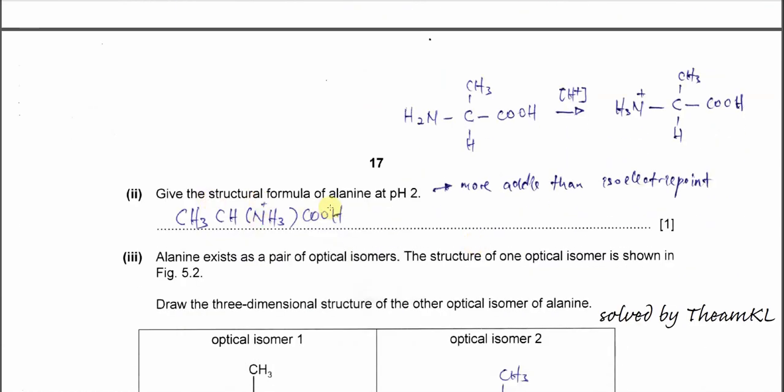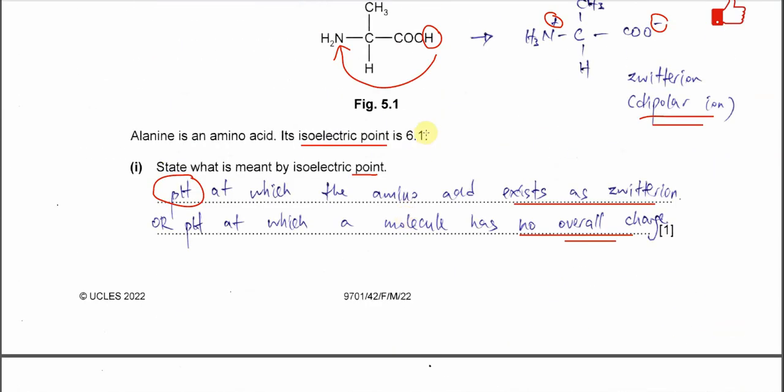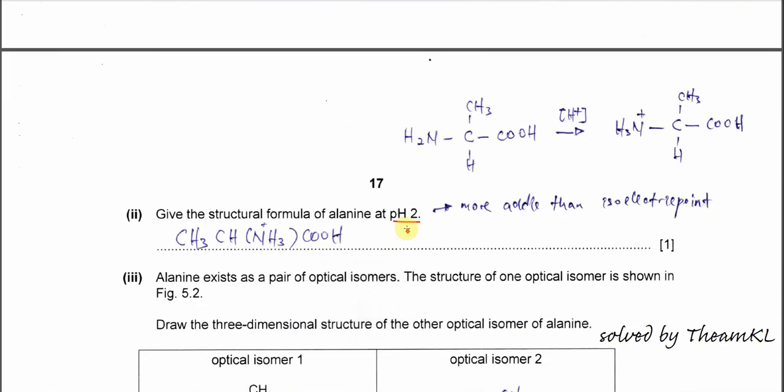Give the structural formula of this alanine at pH 2. At pH 2, we need to refer to the isoelectric point, so it's pH 6.1. So it means the pH 2 now is relatively more acidic than the isoelectric point. So what happened? The alanine will react with the H plus now.